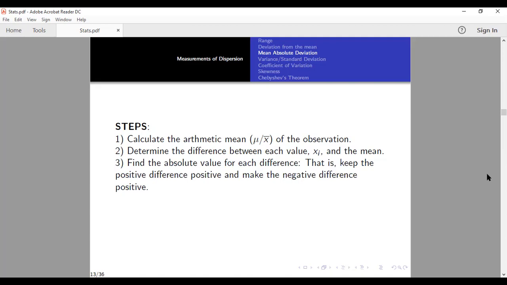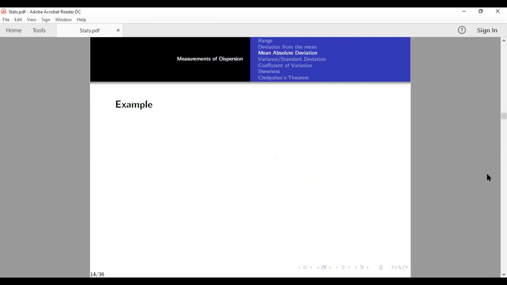Then you find the absolute value of each difference that you've determined in step 2. This keeps the positive differences and makes the negative differences positive, as I explained about what it means to have an absolute value. Then you add the absolute differences. You divide that by n, the number of observations, and you are done.